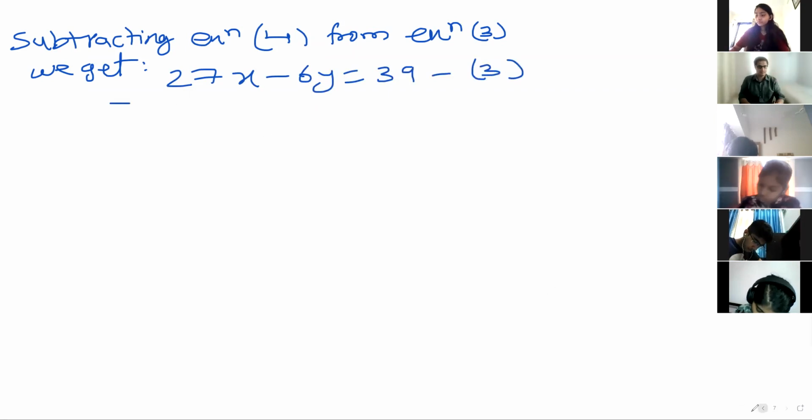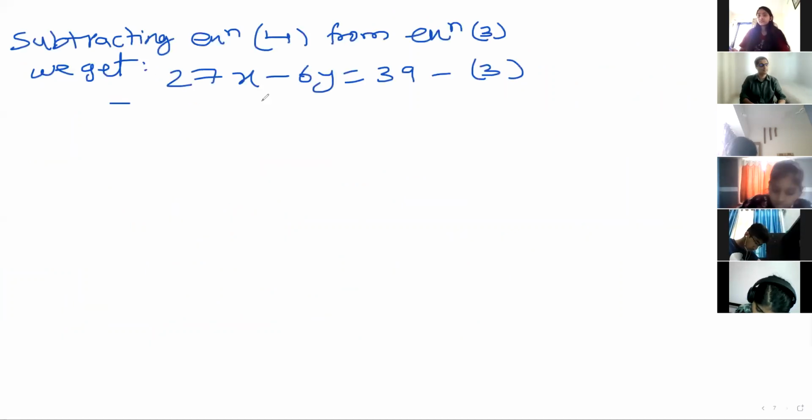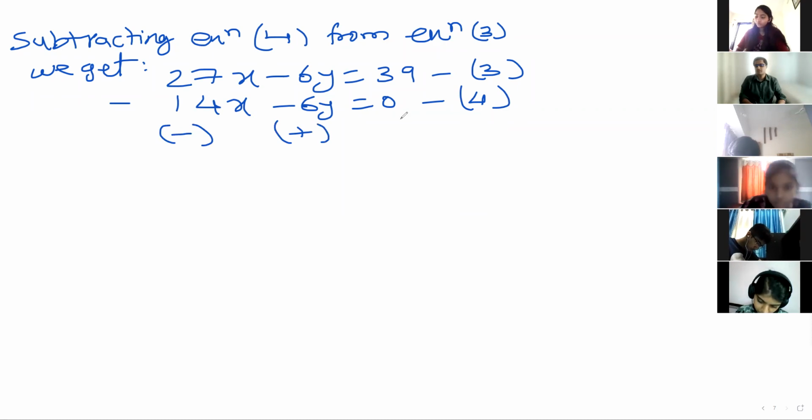Minus, here we are going to subtract 14x minus 6y is equal to 0. Again be careful, when you subtract the signs change. The signs of equation 4 will change. 14x is plus, it will become minus, minus 6y will become plus, 0 is 0, so you don't have to change the sign. Okay, 0 has no sign, so don't change it.